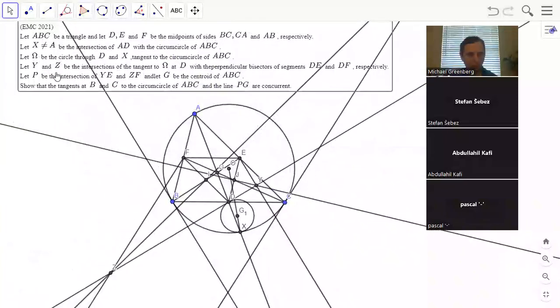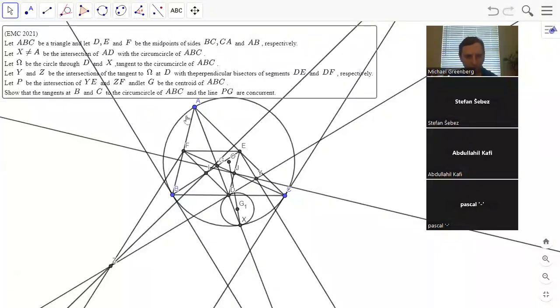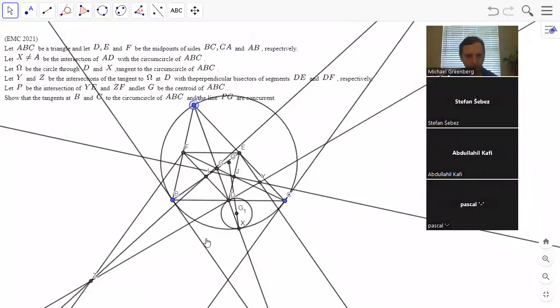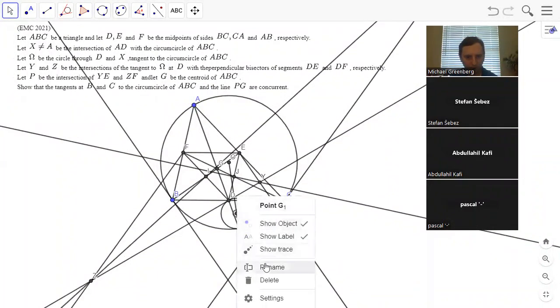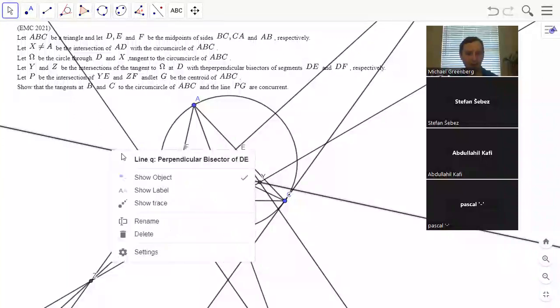And there we go. Okay, so let's clean this up. I don't need this. Well, actually, I want the center of that circle. So it looks like ZDF and YDE are isosceles. That's true by definition.